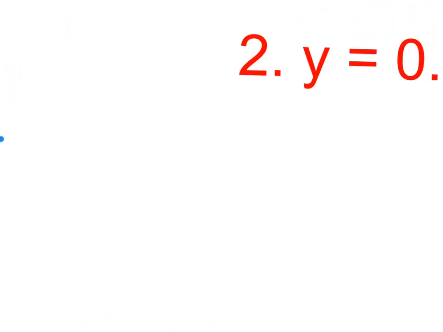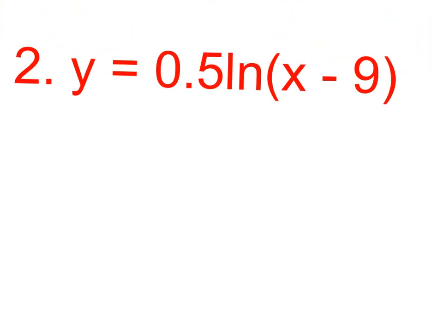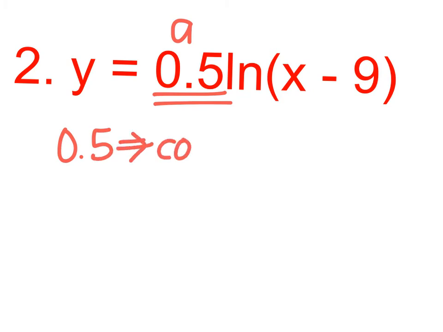All right, let's find our second problem. We have y equals 1/2 the natural log of x minus 9. So that's 0.5 out front. Again, that's our a value, and a is between 0 and 1, so that tells me that it is compressed.